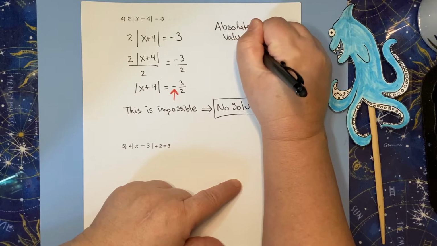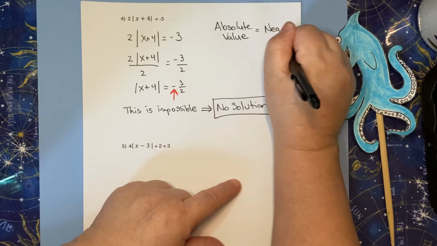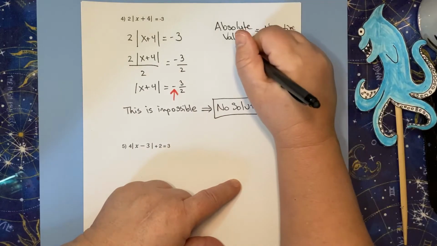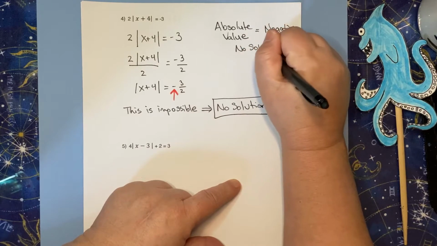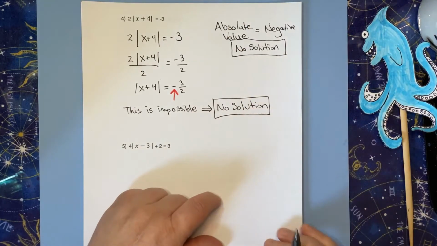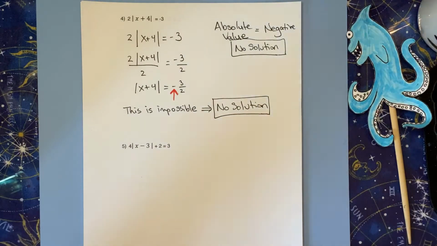So if you have absolute value equal to a negative, sorry, Sharktopus, that's no solution. Woohoo! That's the general rule. So you've got to keep your wits about you. You've got to pay attention.